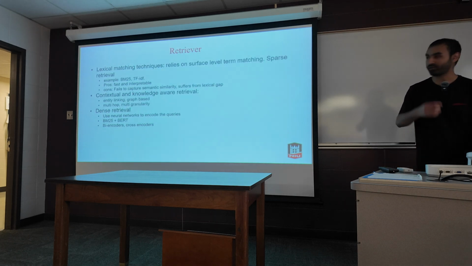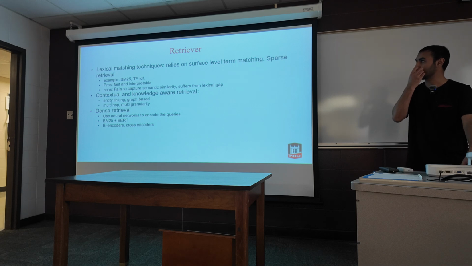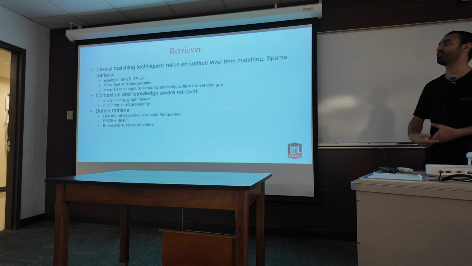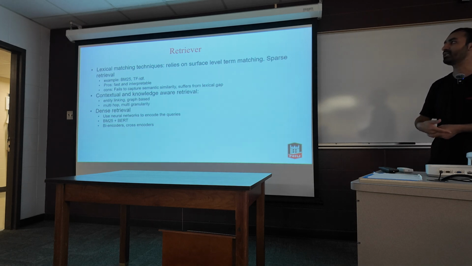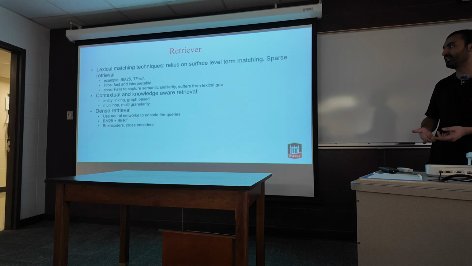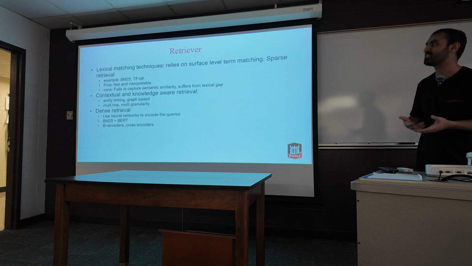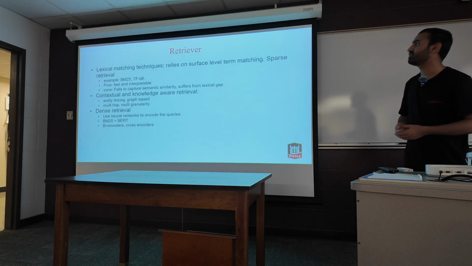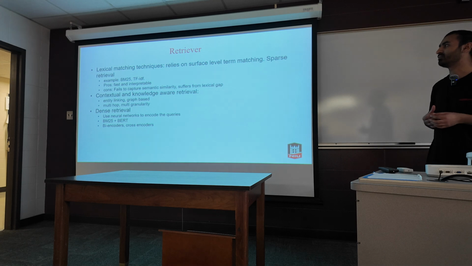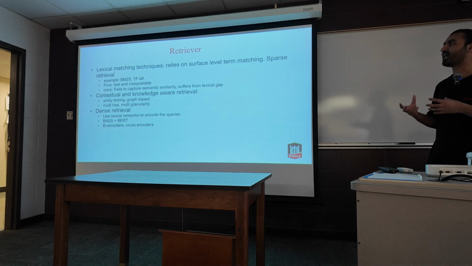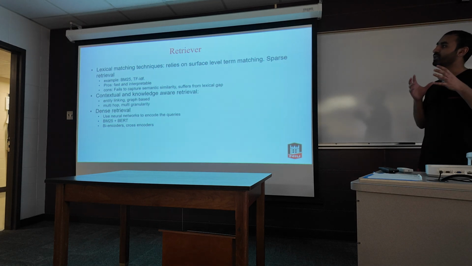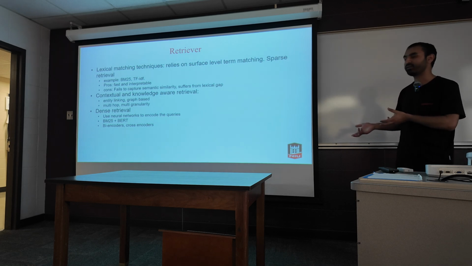Now I'll talk a little bit about the retriever system. The retrieval system retrieves information from the vector database. One approach is lexical matching techniques, which is a sparse retrieval system. It relies on surface level term matching, keyword matching from the query to the vector database.